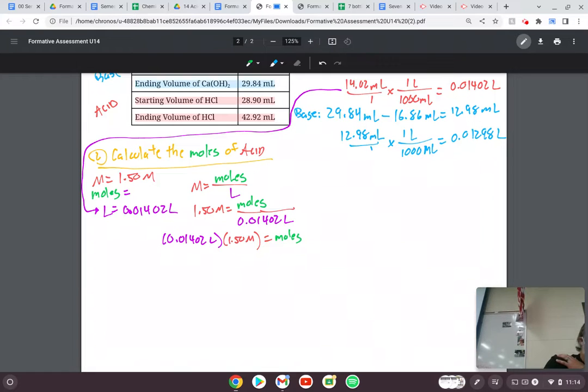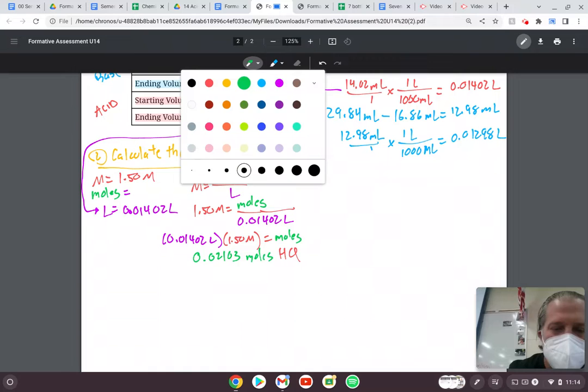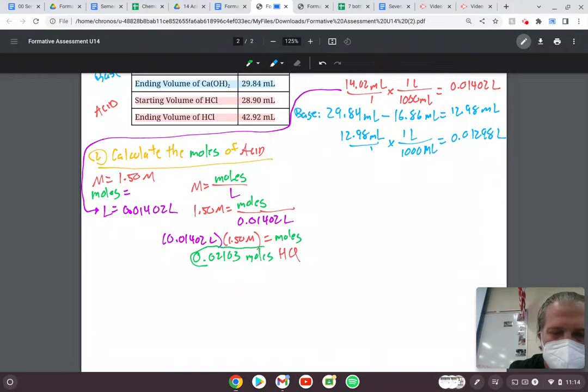So 0.01402 times 1.50 gives me 0.02103 moles of the acid, which in this case is HCl. So that's step 2.